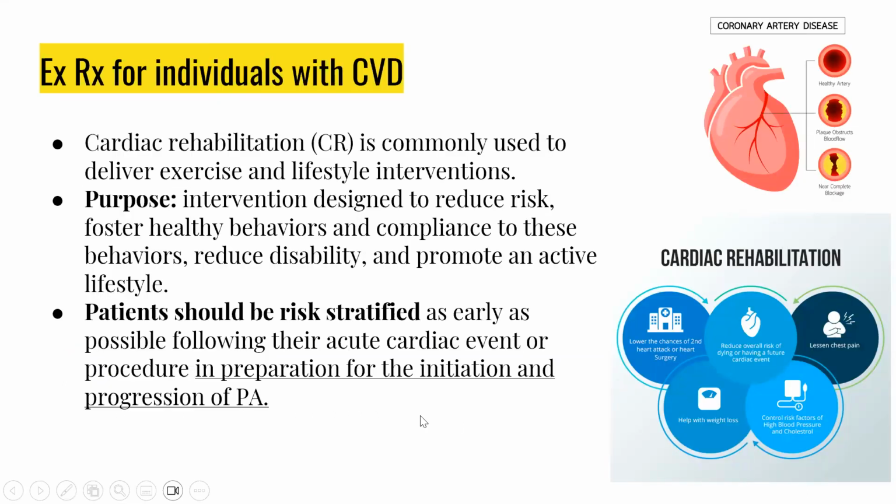All right, for exercise prescription for individuals with cardiovascular disease, cardiac rehabilitation, abbreviated as CR, is commonly used to deliver exercise and lifestyle interventions. The main purpose is for it to be an intervention designed to reduce risk, foster healthy behaviors and compliance to these behaviors, reduce disability, and promote an active lifestyle.